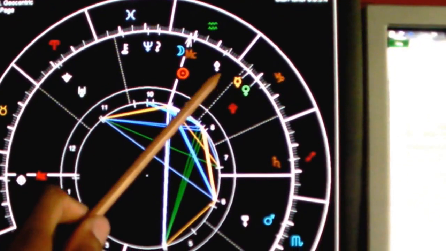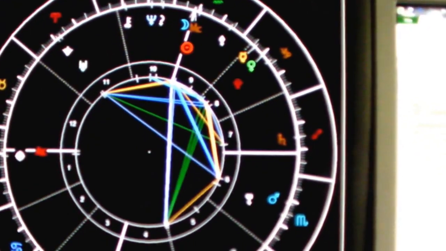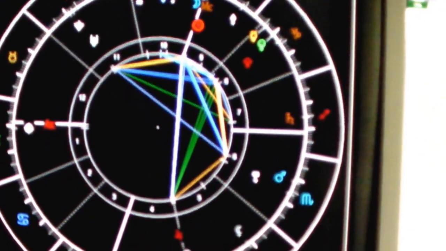And if you go around the wheel, you can get all kinds of personality traits that come from that.